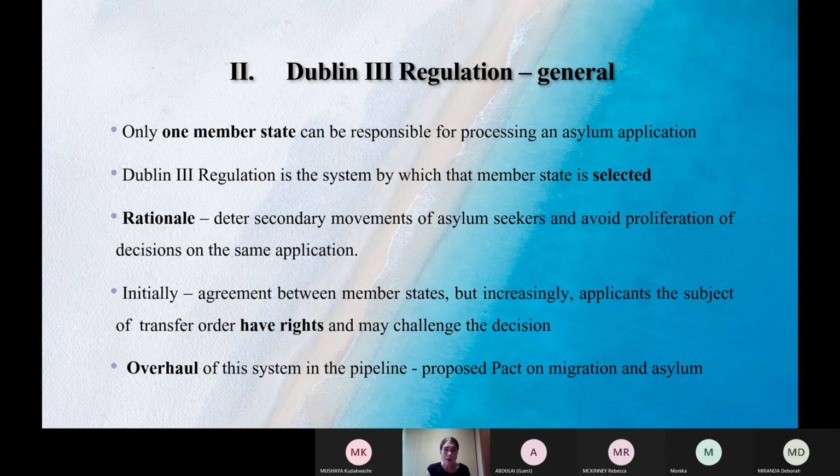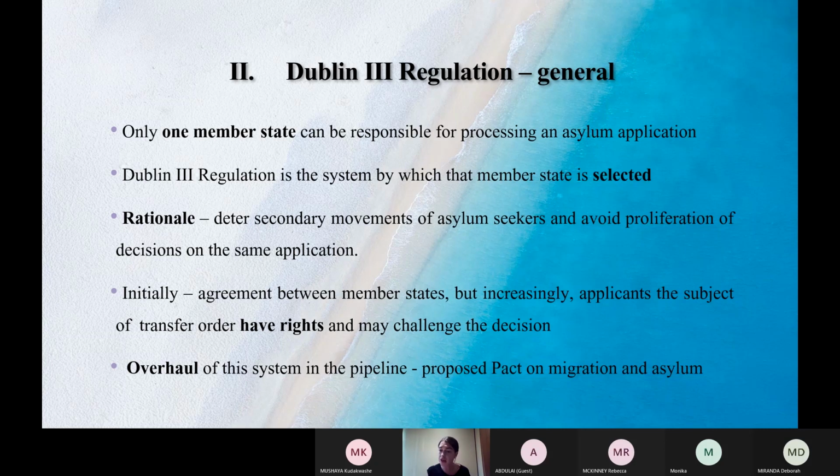Initially, well, there was a Dublin Convention and a Dublin 2 regulation. Now there's a Dublin 3 regulation. Initially, they were understood to just be an administrative agreement between member states. So if member states decided between themselves that one member state or another were responsible, that was the end of it.